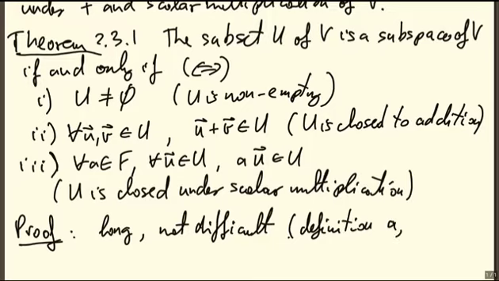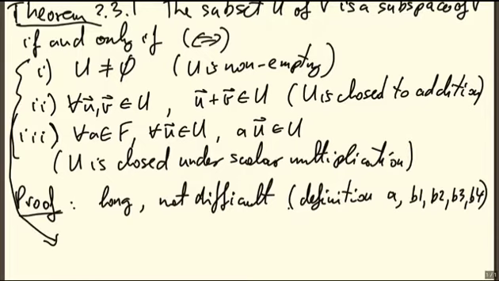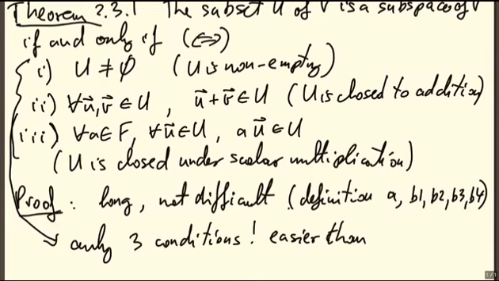We had A, then we had properties B1, B2, B3, B4 for scalar multiplication. So these are several different things that we're supposed to check. The nice thing is that this theorem lets us check for a subspace only three conditions. So that's supposed to be easier than checking the definition of a vector space.